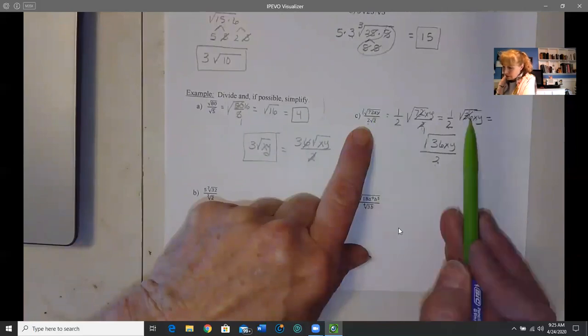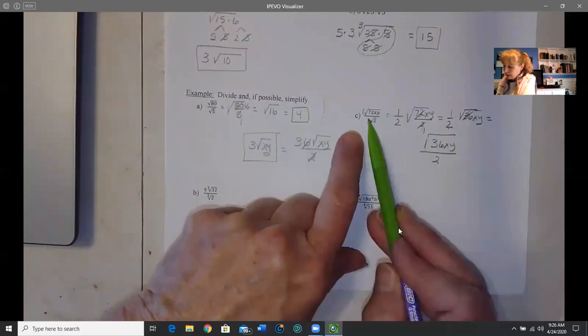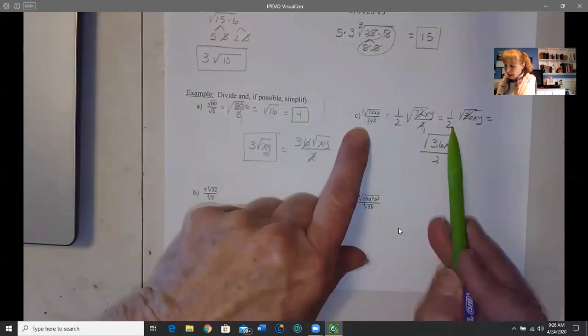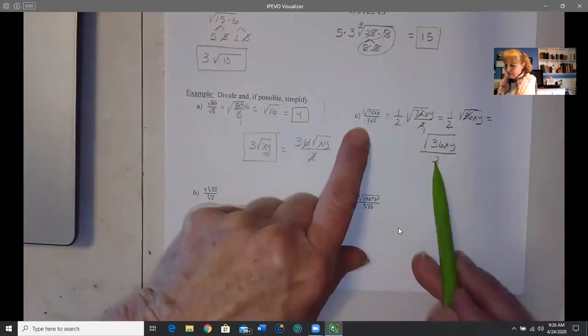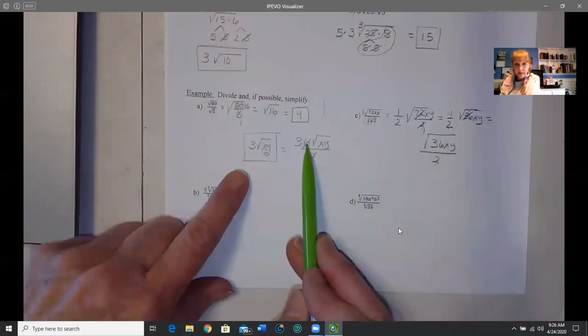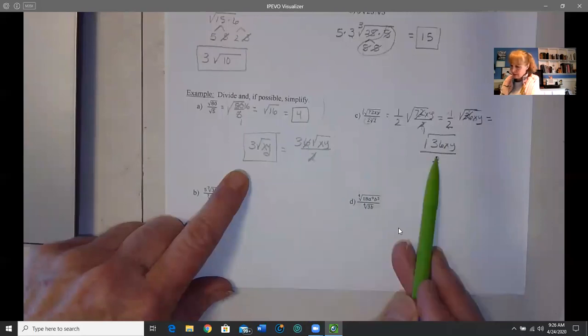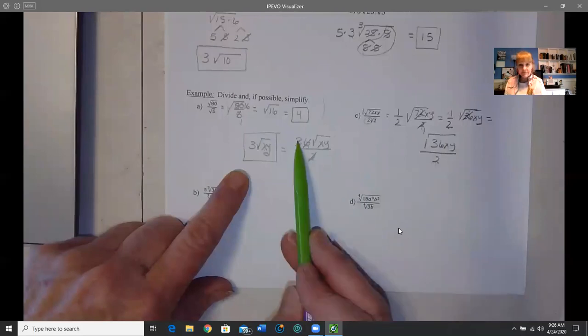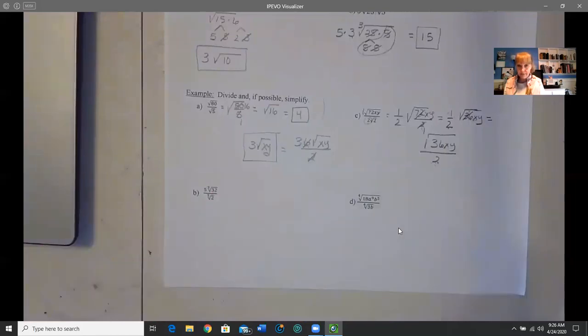That left me with 36 square root xy, and that 2 is underneath, whether or not you write it as 1/2 or the 2 underneath. Then the square root of 36 was 6. It came out and reduced with the 2 underneath and left you with a 3. And just a 1 underneath.